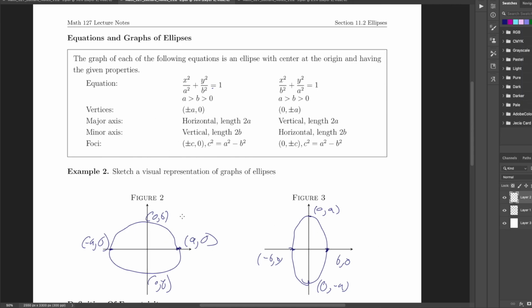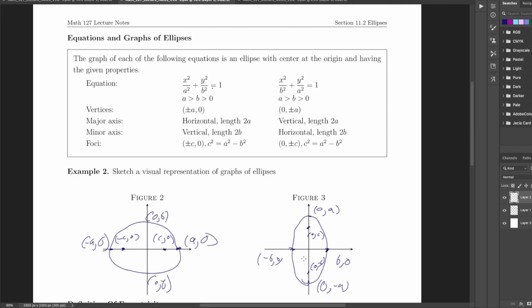The foci will exist at plus or minus c, and so here we'll just put that right here. So this is (-c, 0), this is (c, 0), and notice since a is defined to be greater than b, this will be positive, and so you just take the square root of these two. Same thing here, we have a greater than b, and so the foci here are at (0, c) and (0, -c). Okay.